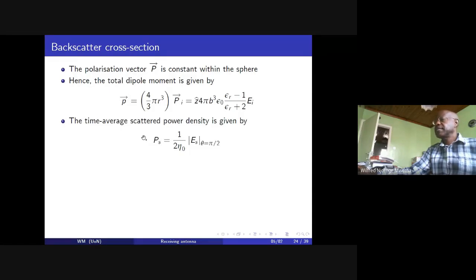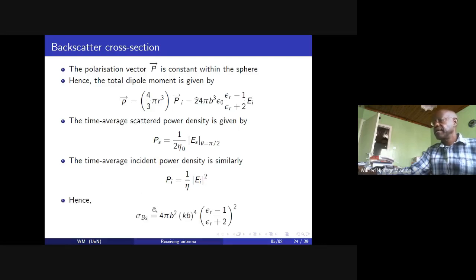Now, the time average scattered power density is going to be given by the magnitude of that, all squared. I've forgotten the square here. It should be ES squared, where ES is, of course, the electric field in the received wave at the receiver. So the time average incident power density is therefore going to be given by a half, 1 over eta, I've left out a half here, of EI all squared.